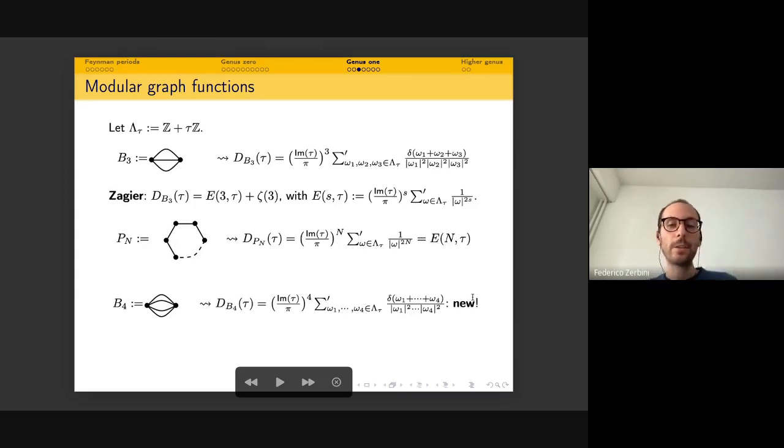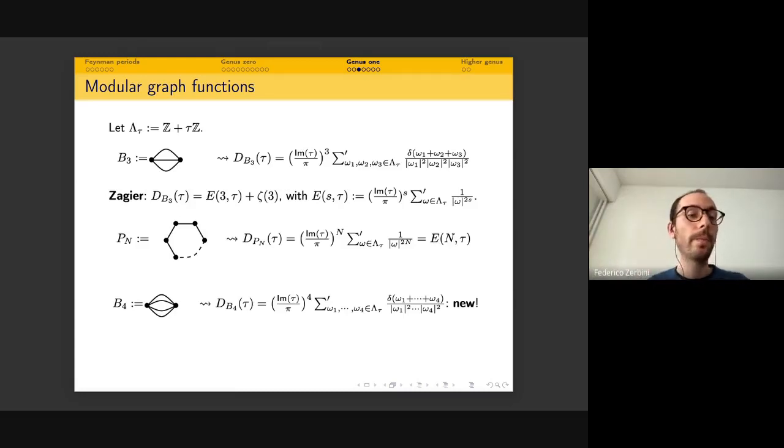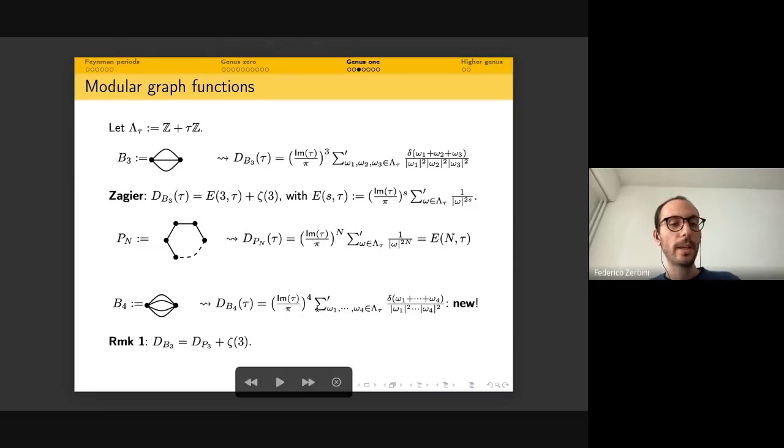And well, you cannot write this in terms of real analytic Eisenstein series or other known functions in the literature. This is something new. And that's how mathematicians like Don Zagier, Francis Brown, and many others got interested in this business.